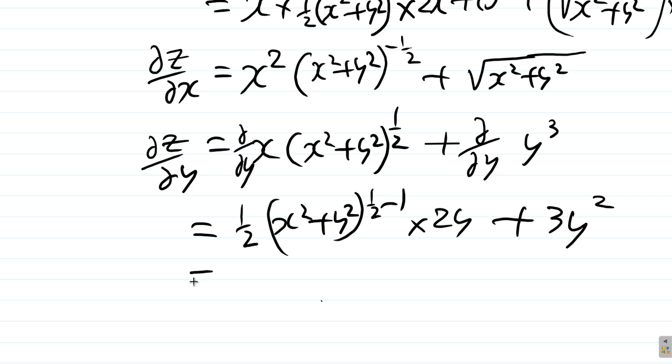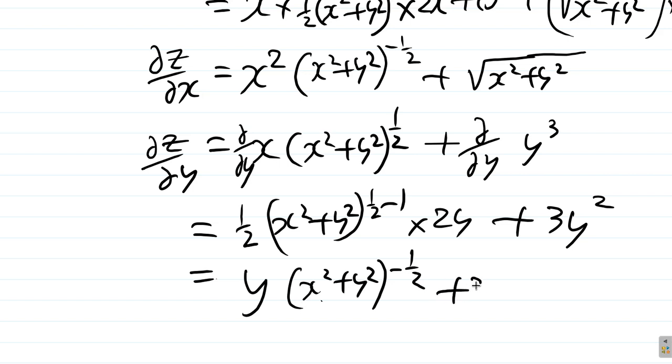So when you simplify this, half times 2 is 1, and you have y times x squared plus y squared to the negative half plus 3y squared, right? So you see that? Okay, so that is the partial z by partial y.